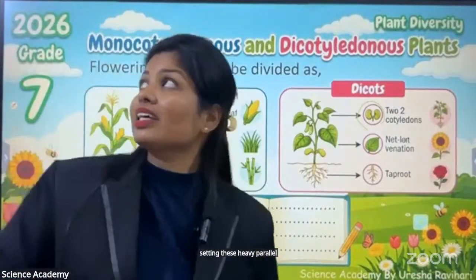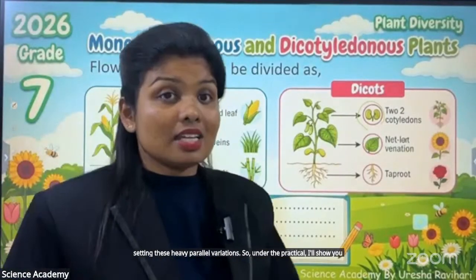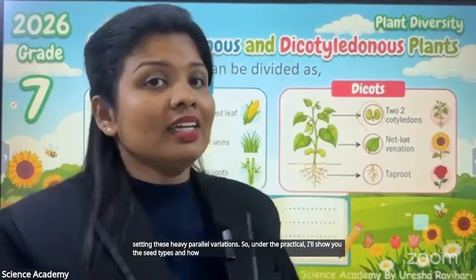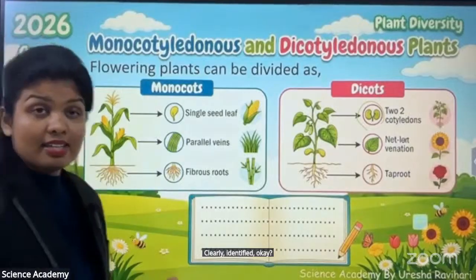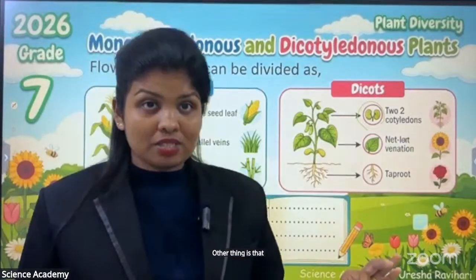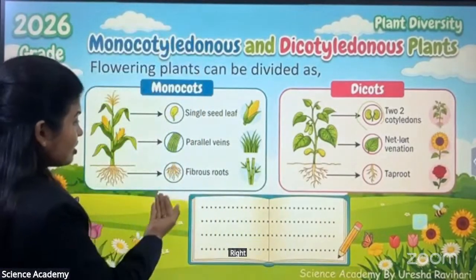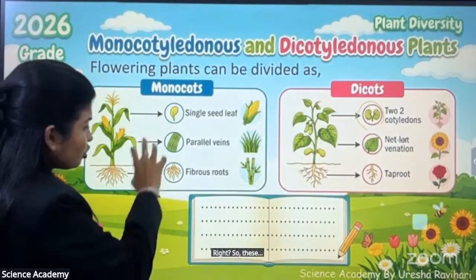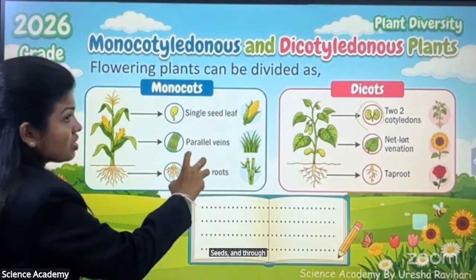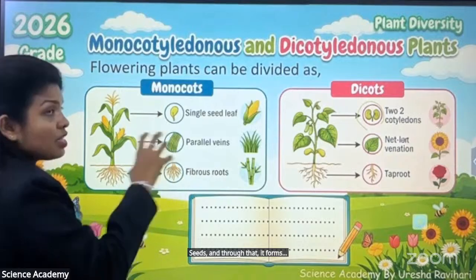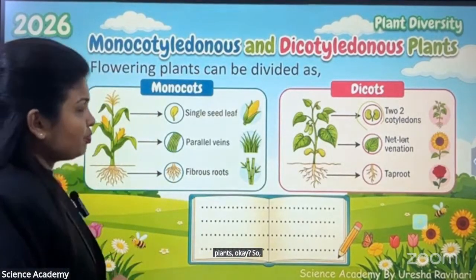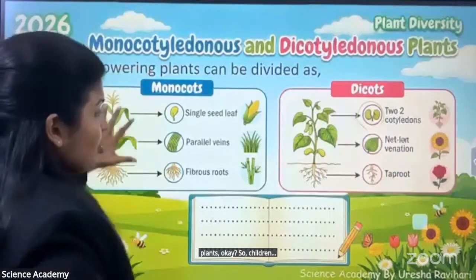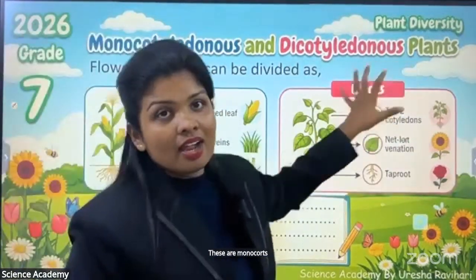Under the practical, I'll show you these seed types and how we can clearly identify them. Another thing is fibrous roots. So these seeds form fibrous root bearing plants. These are monocots, these are dicots.